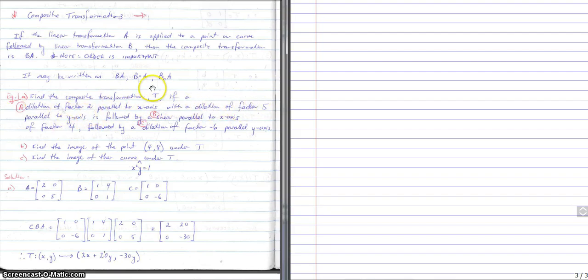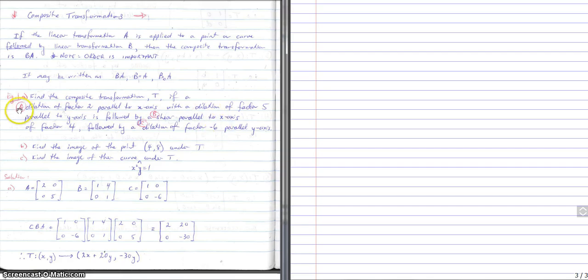That as a combination together is then followed by a shear parallel to the x-axis of factor 4, and then thirdly followed by a dilation of factor -6 parallel to the y-axis.